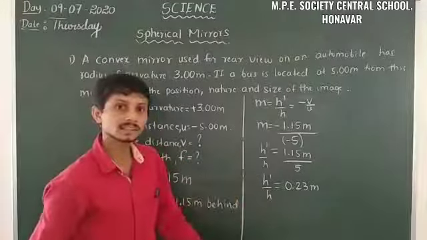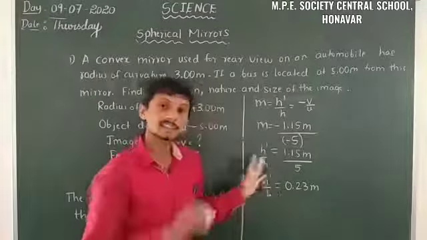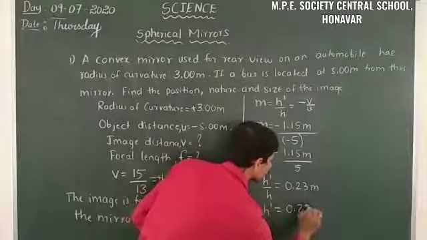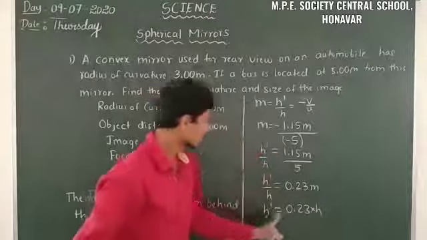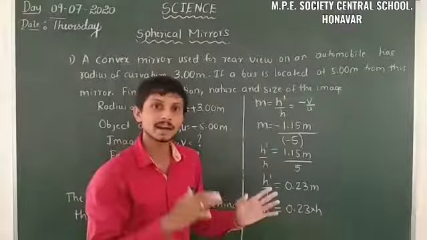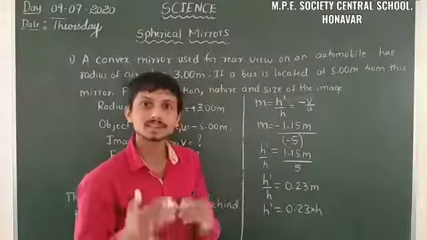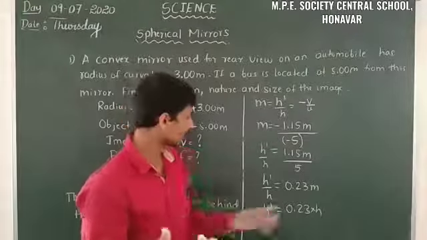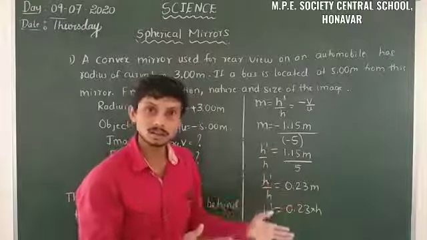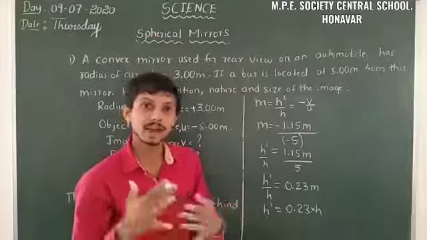So that means h dash is smaller. When we take h dash is equal to 0.23 into h, the value of h dash is smaller and the value of h is bigger here. So the height of the object is greater than the height of the image.